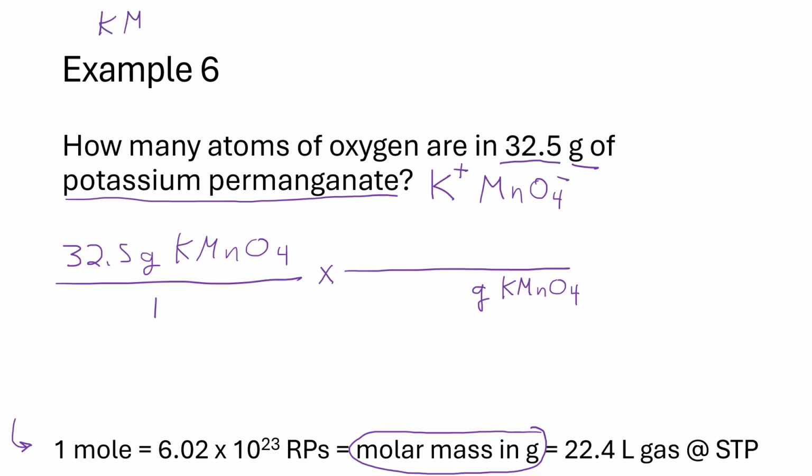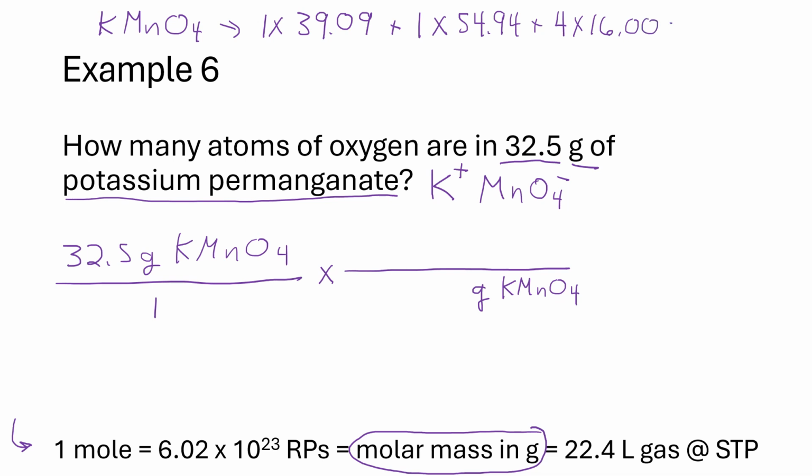Since the formula is KMnO4, there's 1 potassium, and potassium in my periodic table is 39.09. And there's 1 manganese, and manganese is 54.94. And there are 4 oxygens, and oxygen is 16.00.